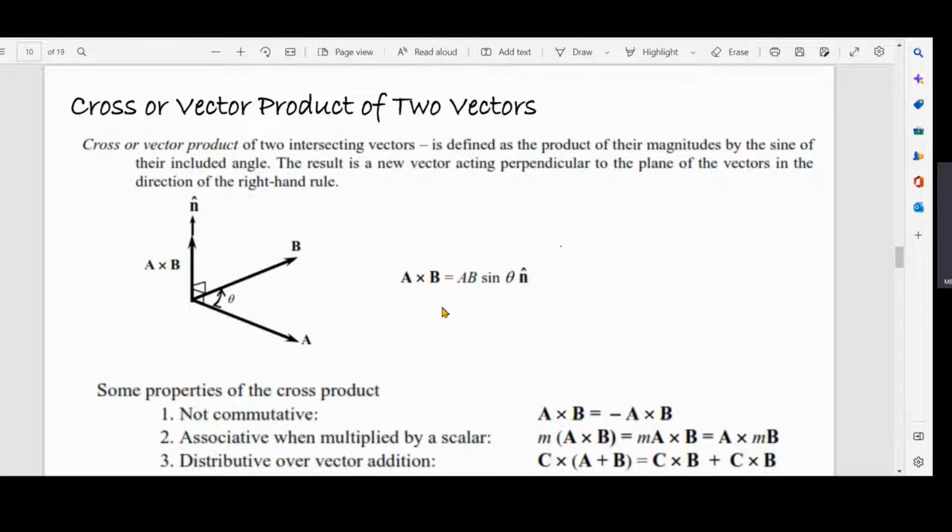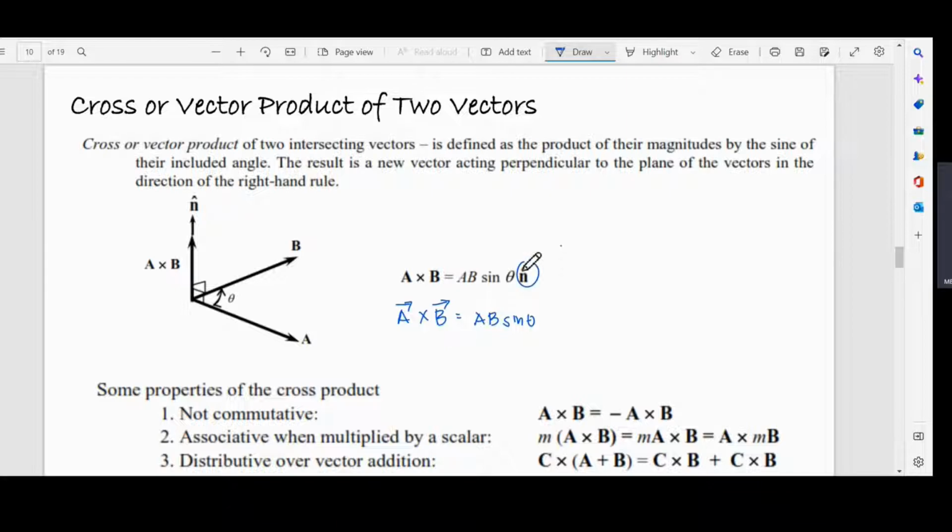of their included angle. In formula, it is the product of their magnitudes, or the force A multiplied by the force B sine theta multiplied by the n hat. In our class, what we use here is the Cartesian vector form of our force A cross the Cartesian vector form of our force B, equal to the magnitude of force A multiplied by force B sine theta.